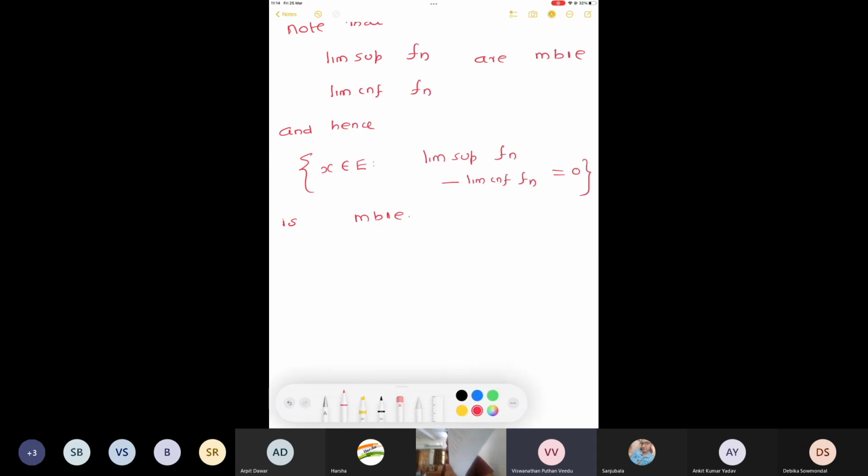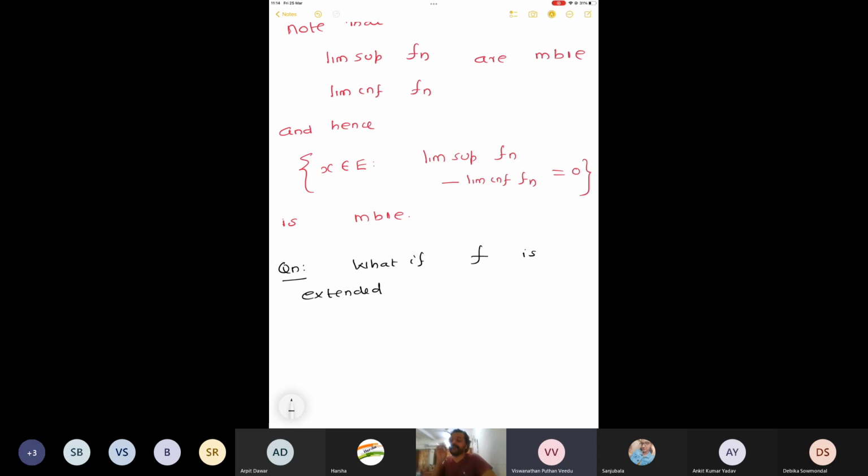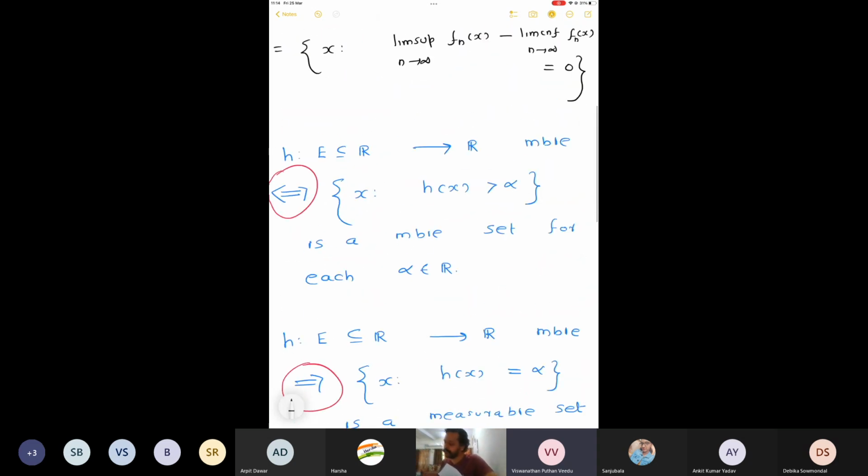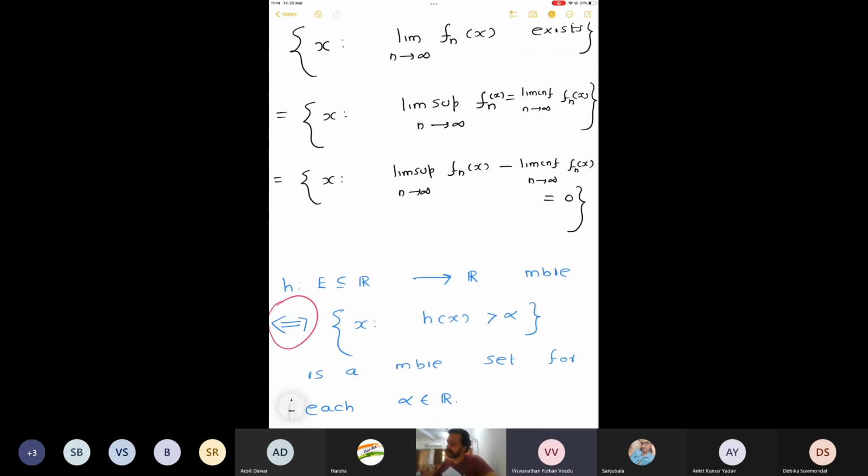So all of us can think. Maybe tomorrow you can come with some input. The question is, what if f is extended real valued? Whether the result is still okay. Of course, this approach will not work, because of this issue, lim inf minus lim sup.